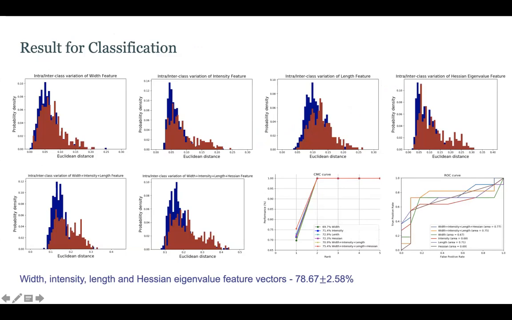You can see this is the intra and interclass variation of the width feature, and this is for the intensity feature, and this is for the length feature, and this is for the Hessian eigenvalue feature.